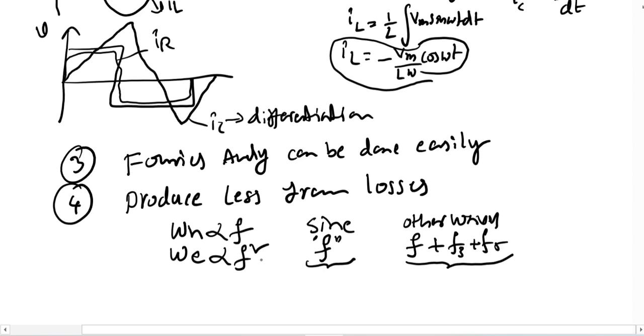So if the frequency increases with other waveforms, the losses also increase. But if you use the sinusoidal waveform, only the fundamental frequency is there, so this iron loss can be minimized.